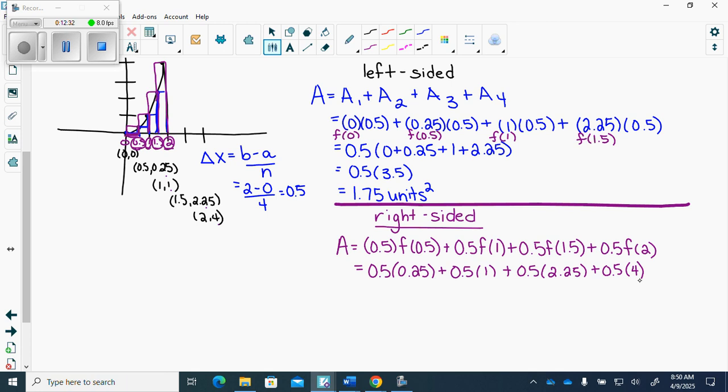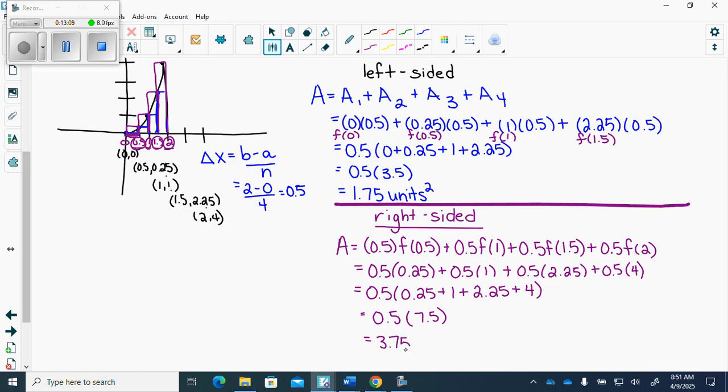Now you can take half of all of those and then add it up, which is harder if you don't have a calculator in the non-calculator section, right? So what I prefer to do is pull the 0.5 out and then add up the rest. So I get 0.25, 1.25, 3.5, 7.5. I have half of 7.5. What is half of 7.5?